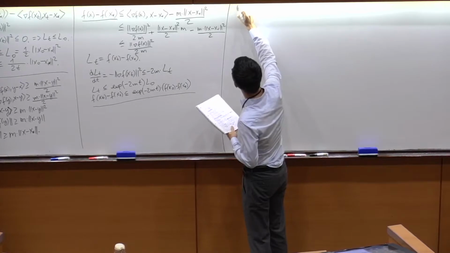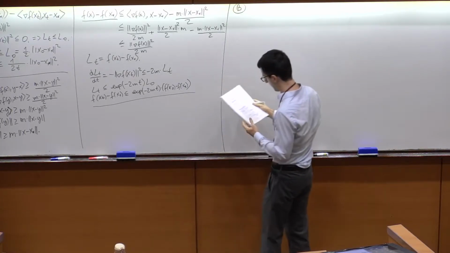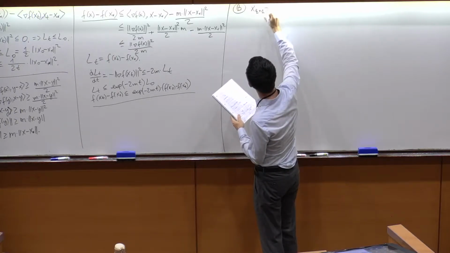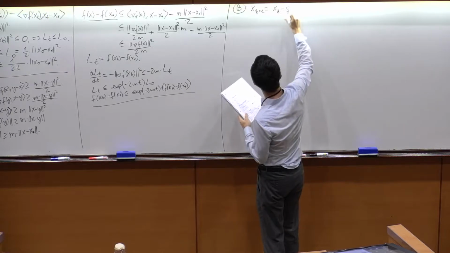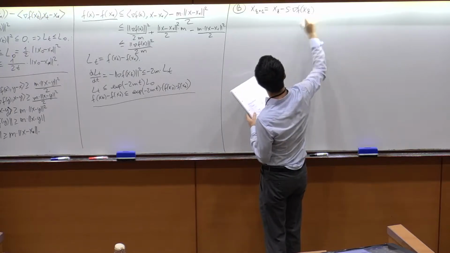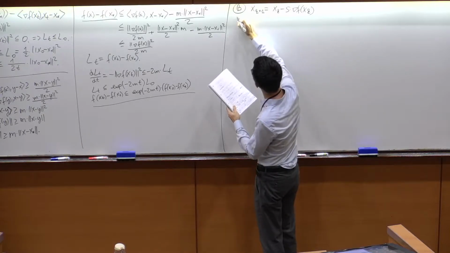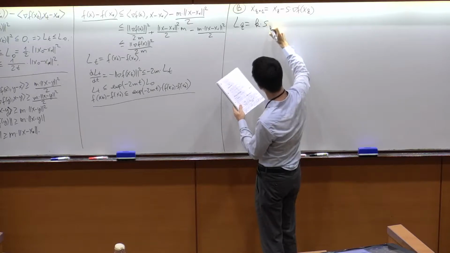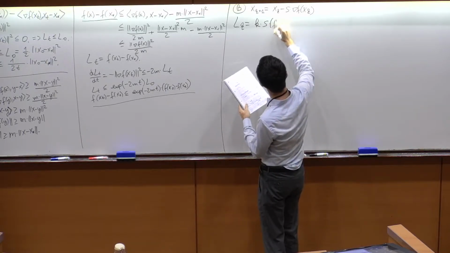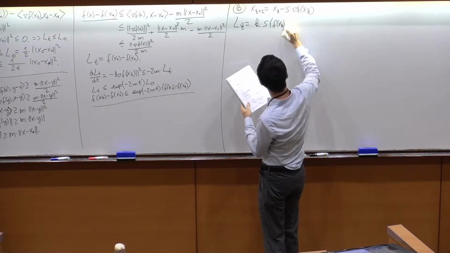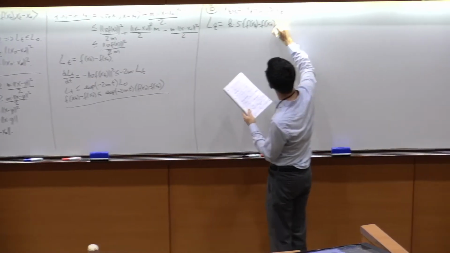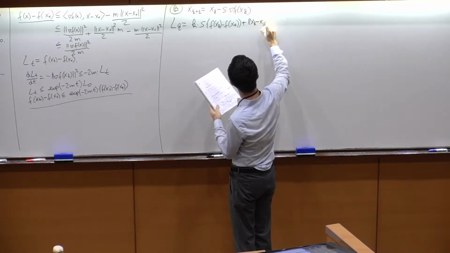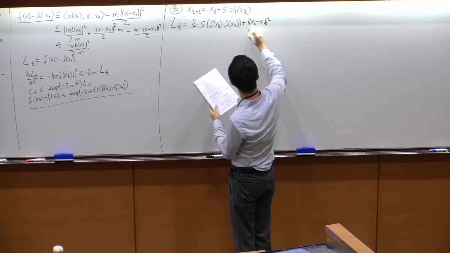So under B, when you're looking at gradient descent, x_{k+1} = x_k − s times ∇f(x_k), if you define the Lyapunov function L_k as k times s times (f(x_k) − f(x star)) plus ‖x_k − x star‖² over 2.